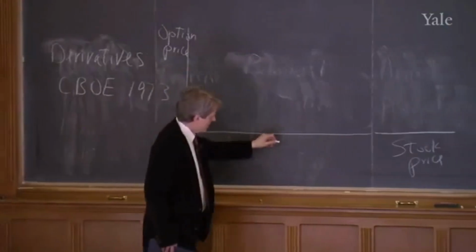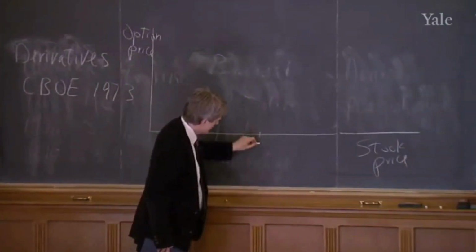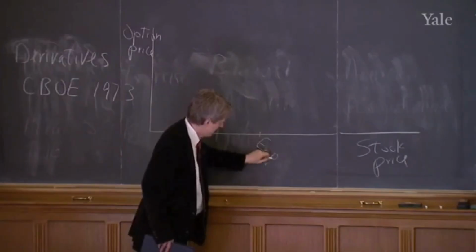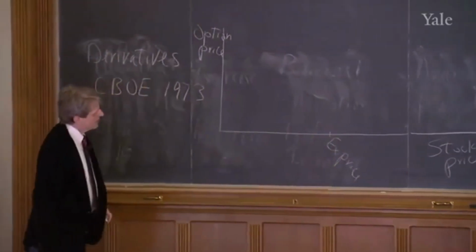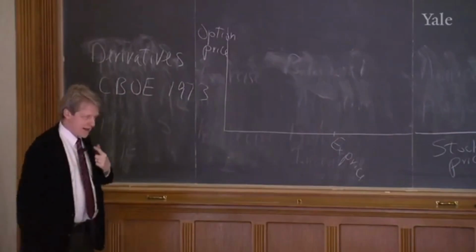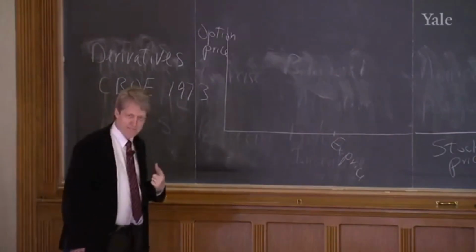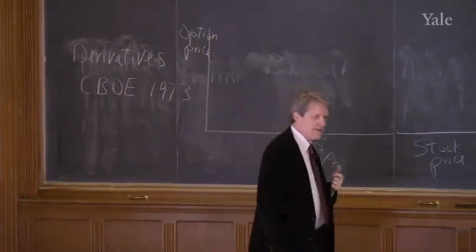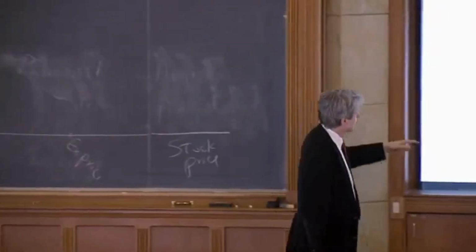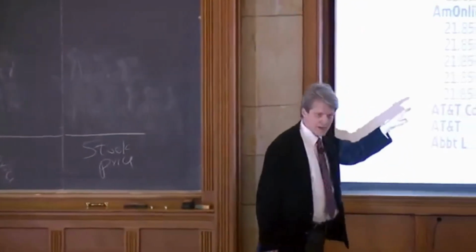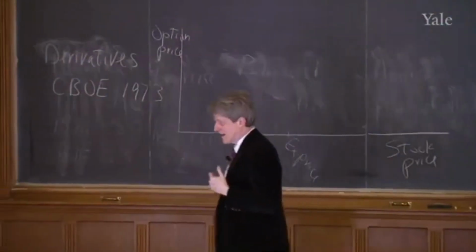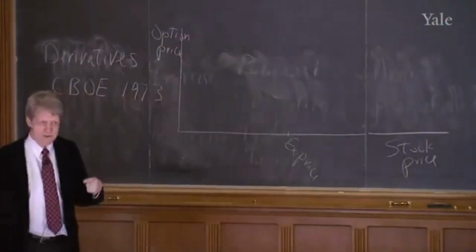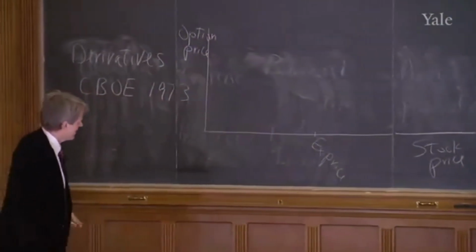And I'm going to mark here the exercise price. Then let's look at the exercise date, the last day. Okay, the option is about to expire, and this is your last chance to buy the stock. Then it doesn't matter on that day whether it's an American or European option. They're both the same on the last day.